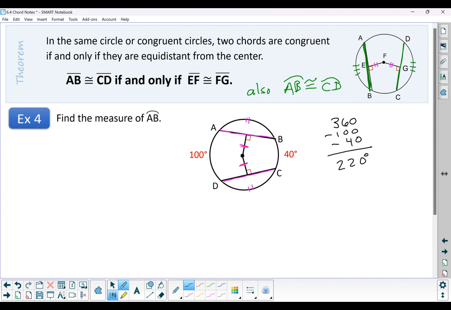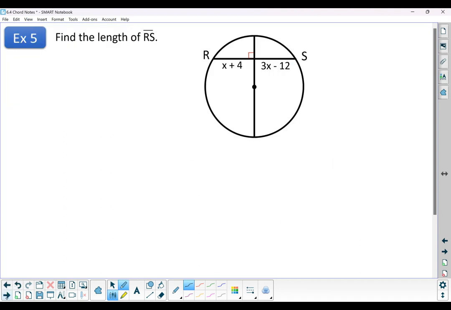That gives us 220 degrees, and we have two equal pieces left. So we're going to divide by 2 to get 110 degrees. So each of these is 110 degrees. So we found the measure of AB. It is 110 degrees. All right, so those are our 4 theorems.